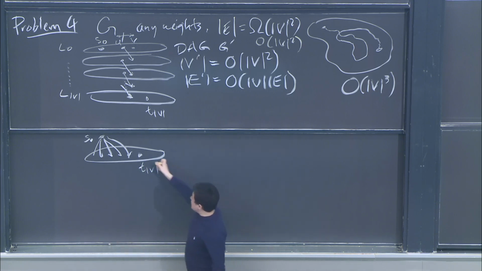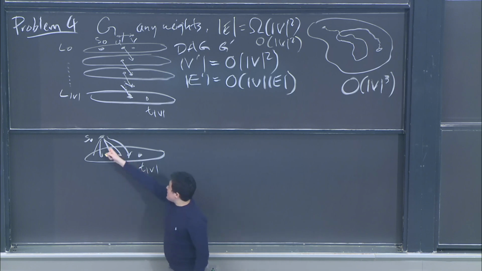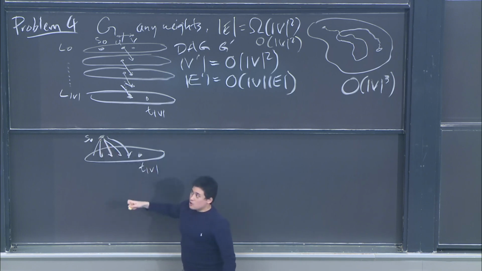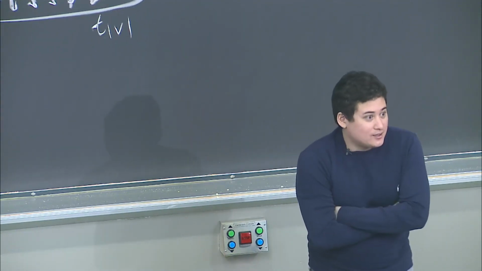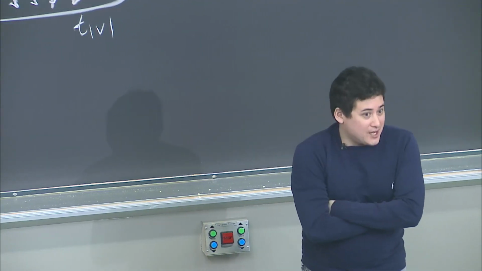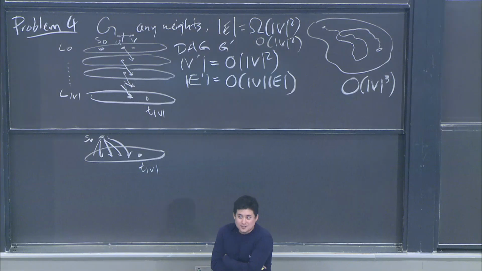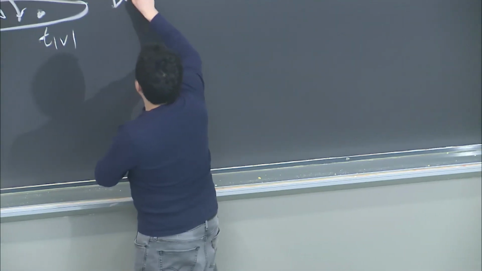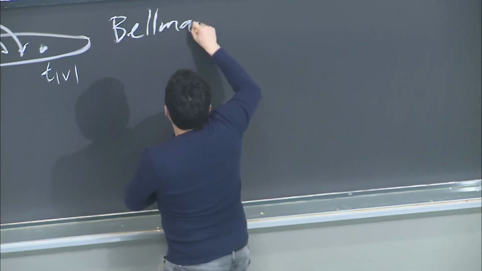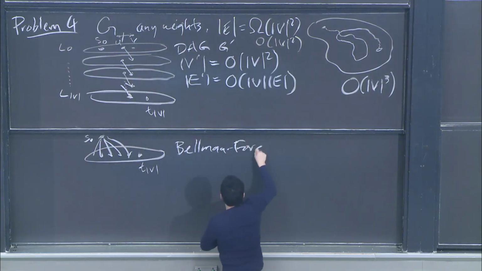So now I have a new graph here such that every path from here to there corresponds to a path that I'm looking for. So I want to find a minimum weight path in this graph. How can I do that? Now this graph might have negative weights. I can run Bellman-Ford. I can do that again. Sure, why not?